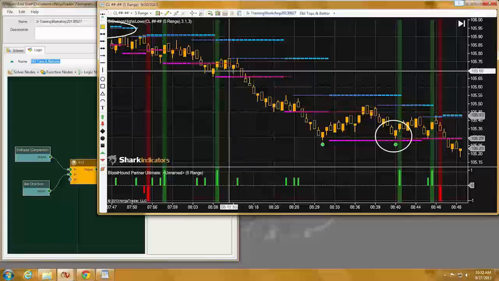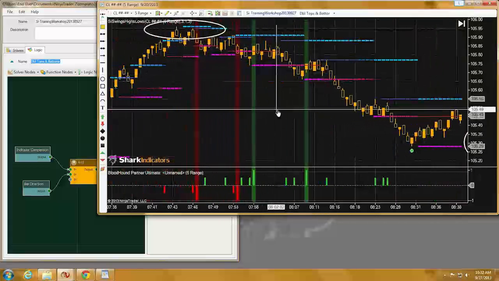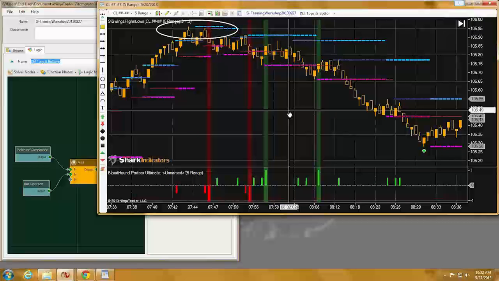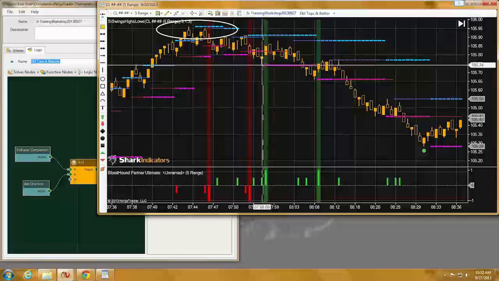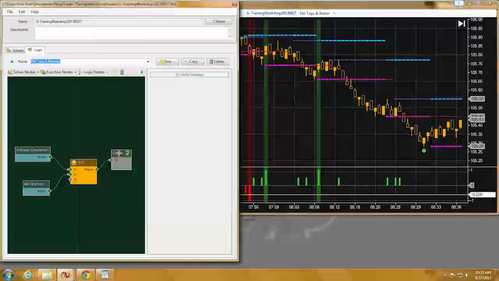So we got rid of some of these signals in here. And let's see, so now we introduce some new signals going on here. And so let's see why that's occurring.